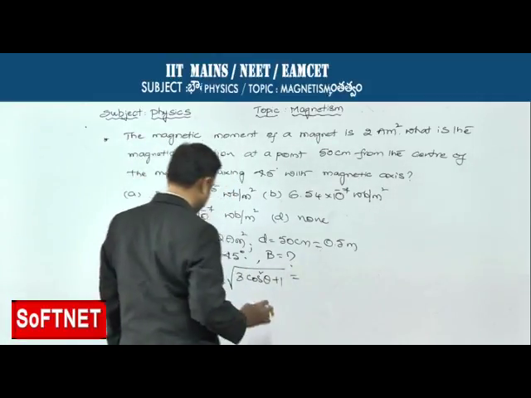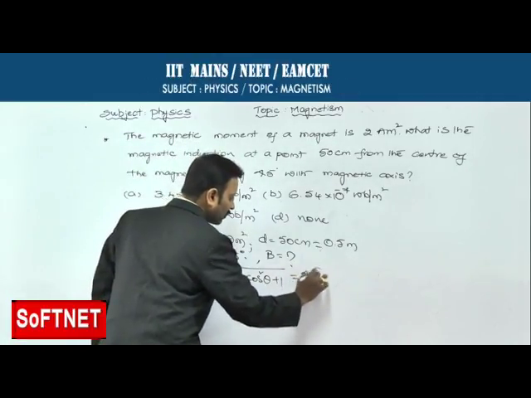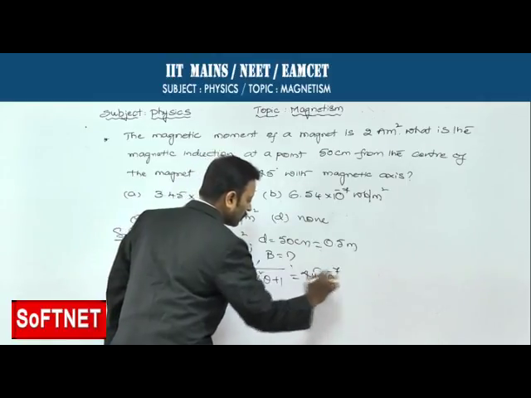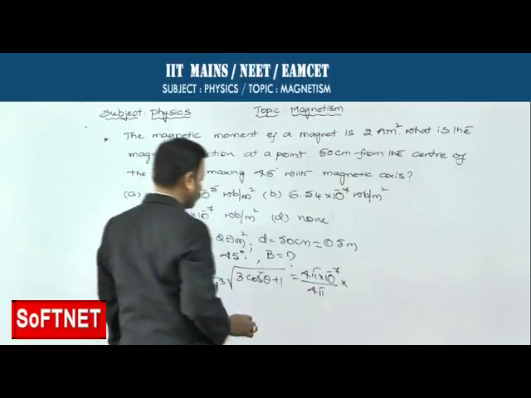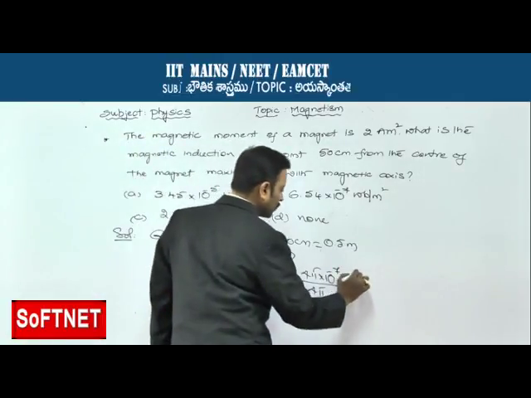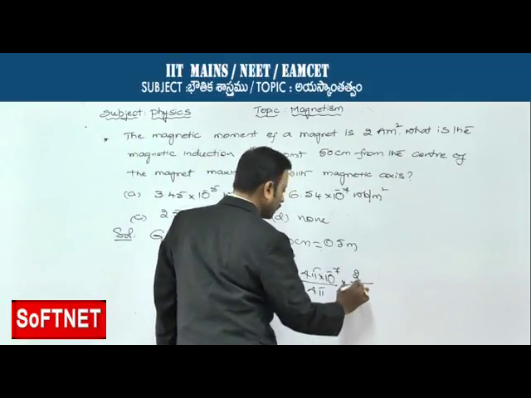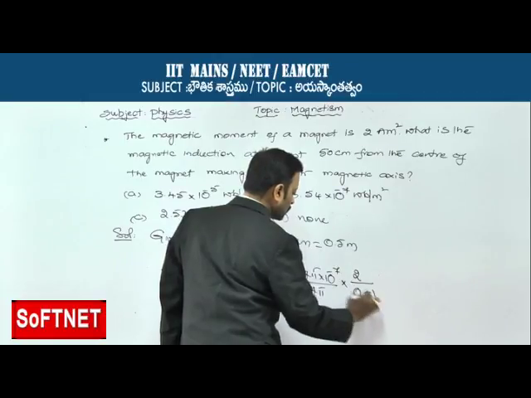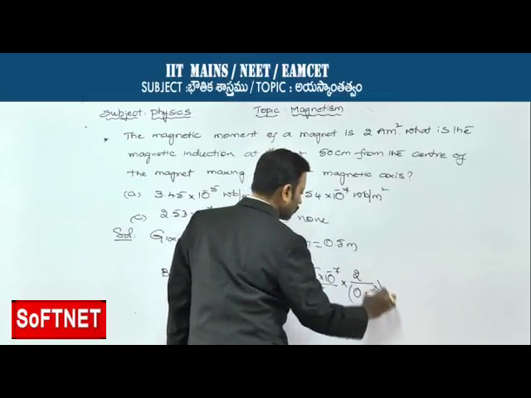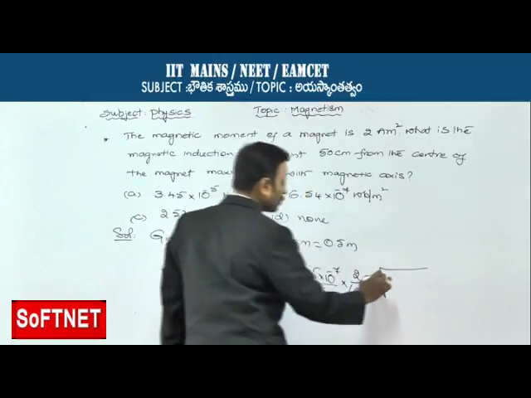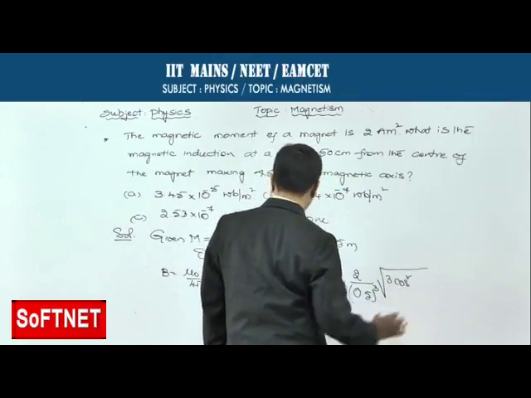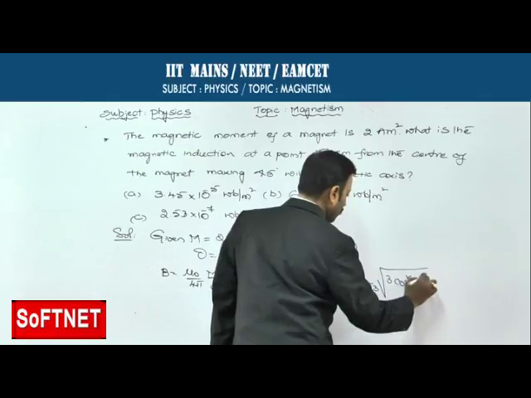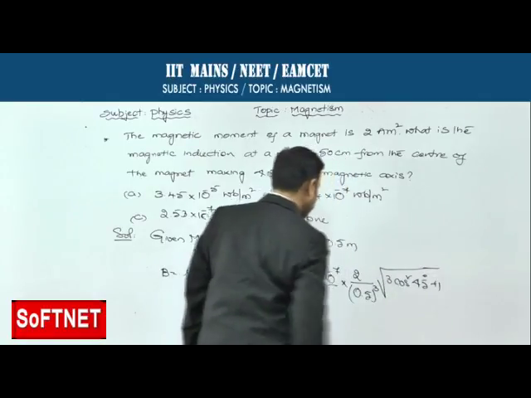Mu naught is 4 pi × 10^-7. So, 4 pi by 4 pi into M by d cube. 2 by 0.5 whole cube, under root of 3 cos square 45 degrees plus 1.